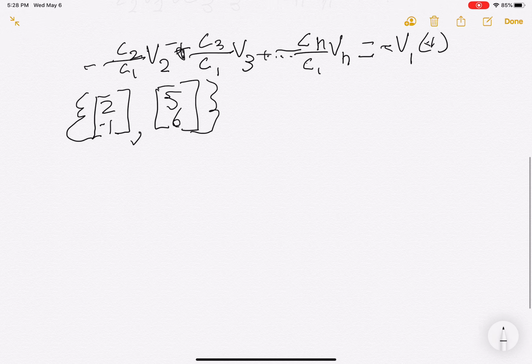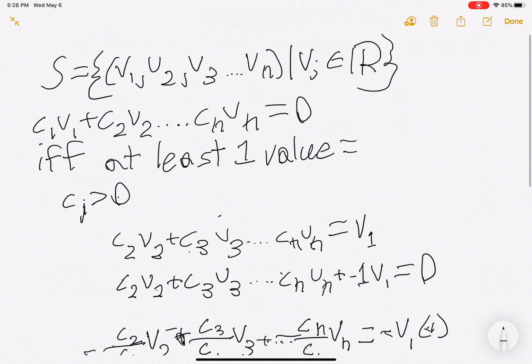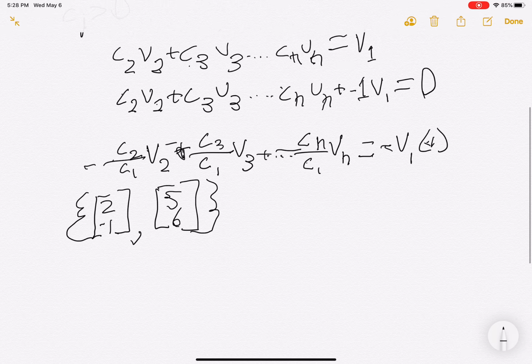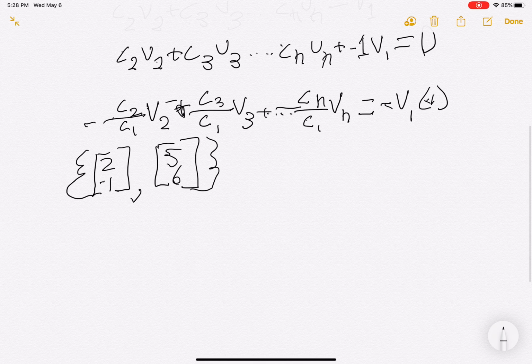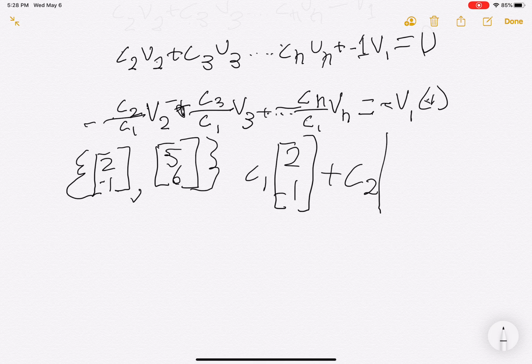So if we plug it into this equation here, we only have 2 terms, so we get some constant c1 times the vector (2, -1), plus c2 times this other one, (5, 6).